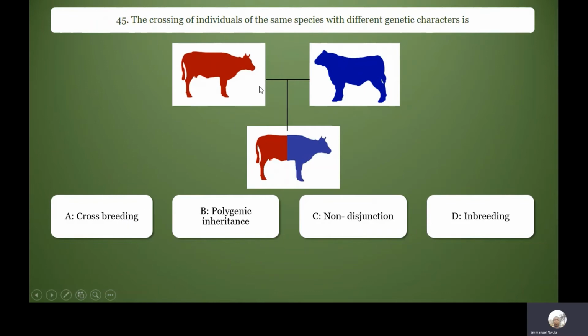For instance, if I decide to cross a cow from Holland that can produce a large quantity of milk with the Muturu cow in Nigeria that is resistant to tsetse fly, what I'm doing is crossbreeding. It's crossbreeding or outbreeding.